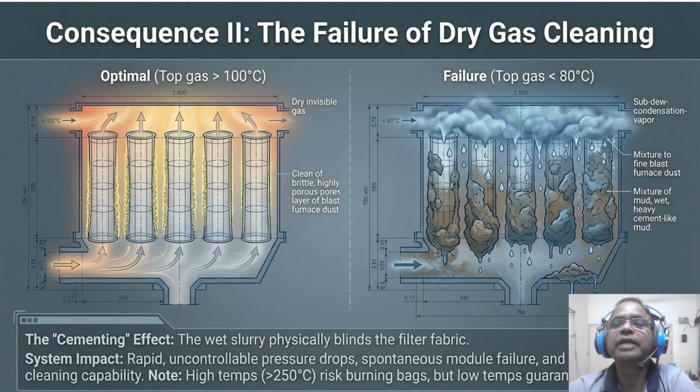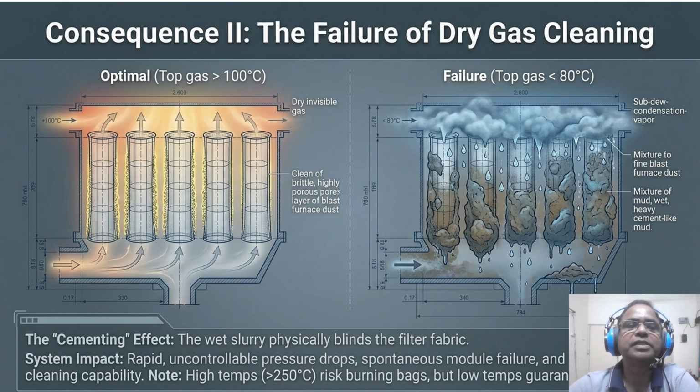This picture shows what should be the optimal and what should be the critical, especially before arriving at the failure. So on the right, as it is shown very clearly, here you can see the cementation part.